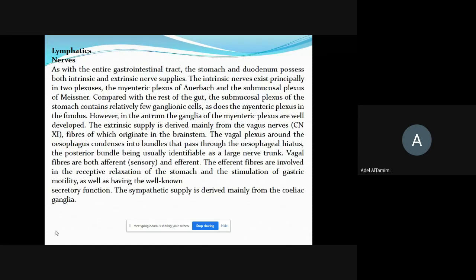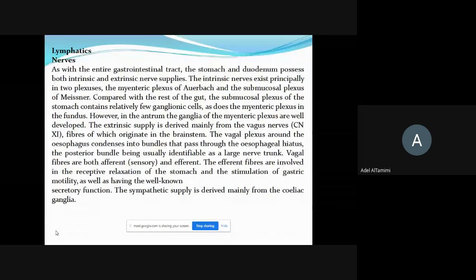The lymphatics of the stomach are entirely divided into three major lymphatic groups. First, perigastric, I mean the lymph nodes that occur along the supplying arteries of the stomach, the gastroepiploic arteries, left gastric and right gastric arteries, adjacent to the stomach wall.